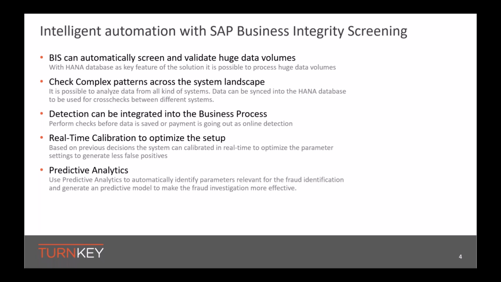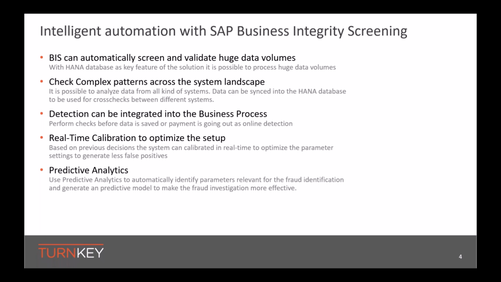Then when we do the automation, we can also do real-time calibration to optimize the setup. So that is when I mentioned the monitoring of bots. We need to make sure that the settings and parameters are still okay, and we can fine-tune the parameters. Predictive analytics is another nice topic that we will see in the demo later.